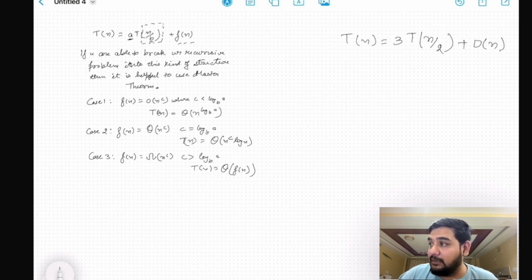It will be helpful for you guys, and then I will help you derive this expression from any divide and conquer algorithm. That will be the second part, and for the first part, let's derive this.